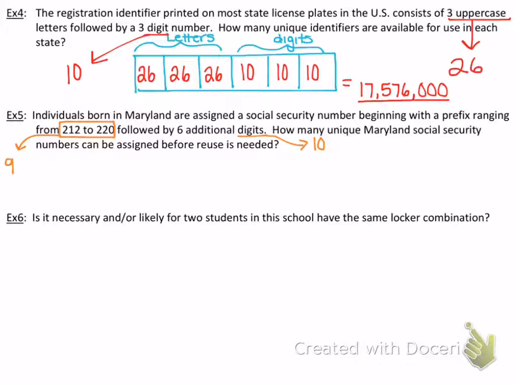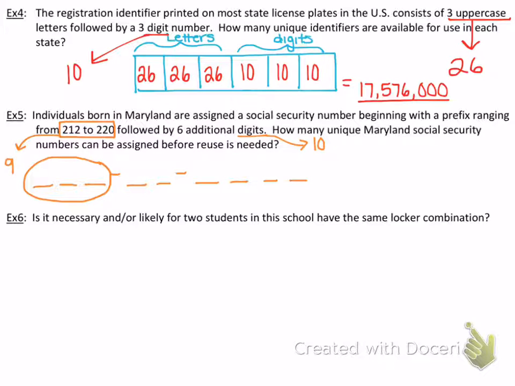A social security number has the format of 3 numbers first, then the middle 2, and then 4 on the end. But since it said the prefix is from 212 to 220, the first 3 are already assigned. It's either 212 to 220.